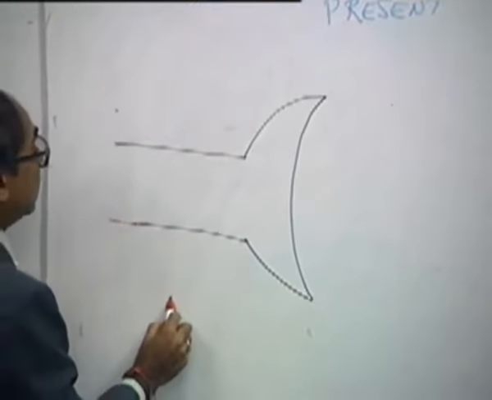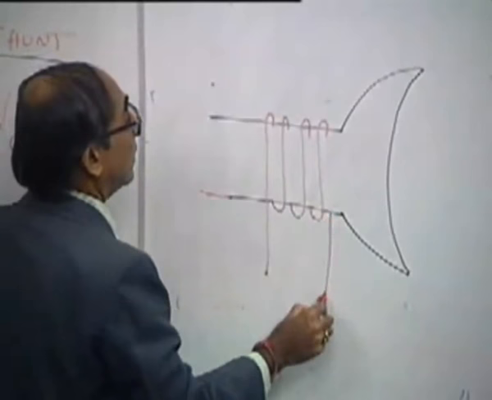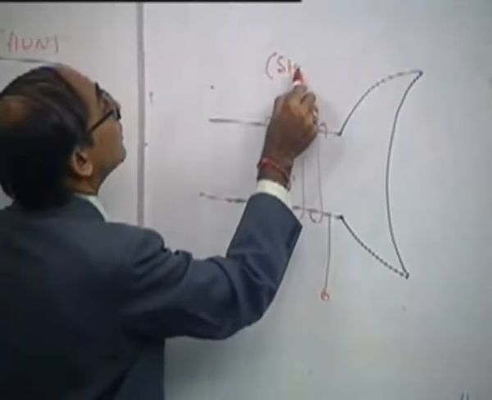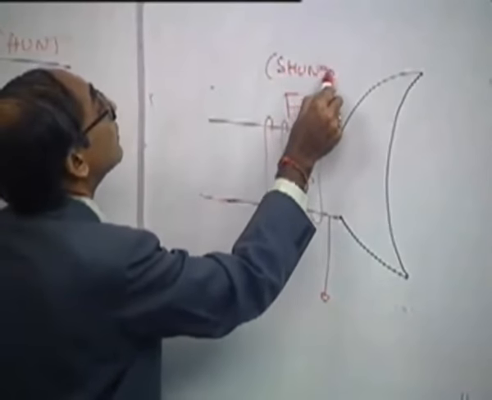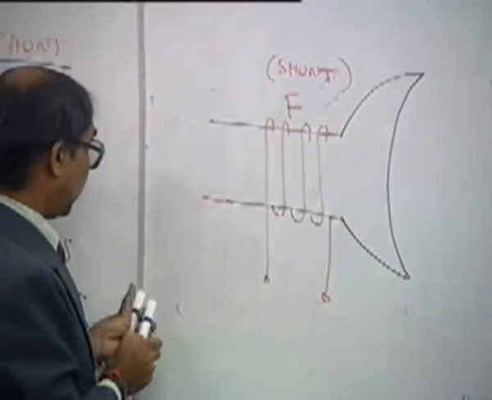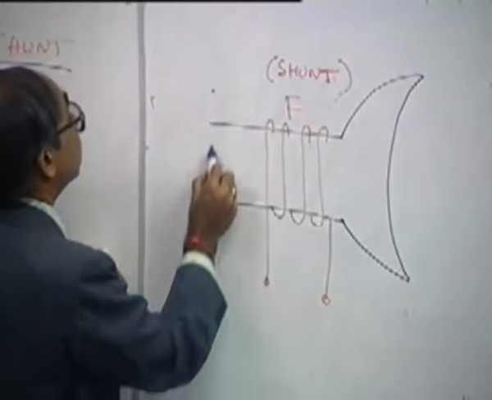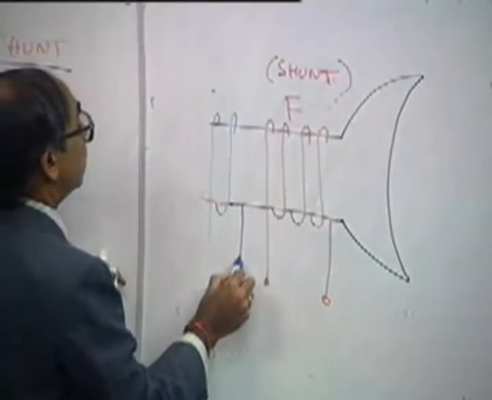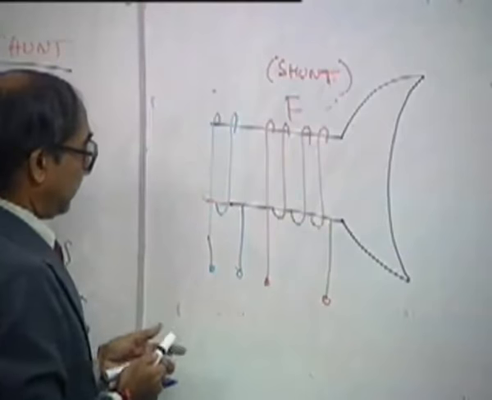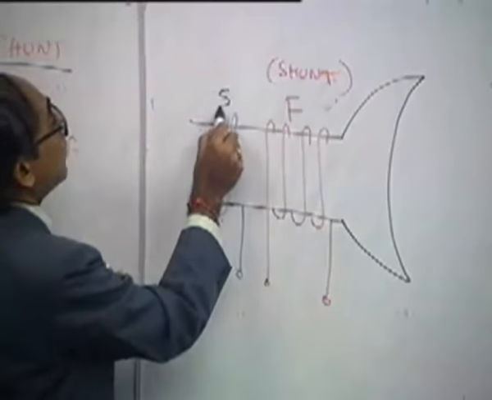Let us say the shunt winding, I call it the main field or the F winding, and then let us say there is the series winding. Let us say S winding.